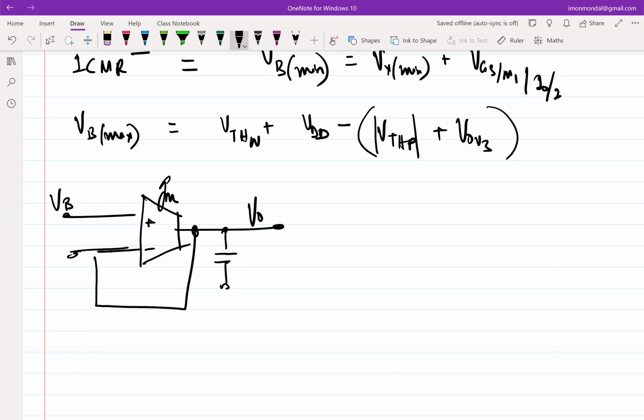What is the current that is being driven out? GM times VB minus V naught, right? And at DC, if I neglect capacitance, this is a current, so this should be equal to what?